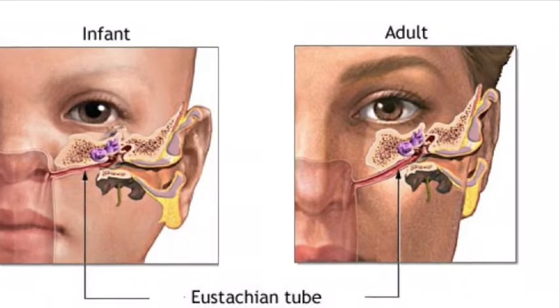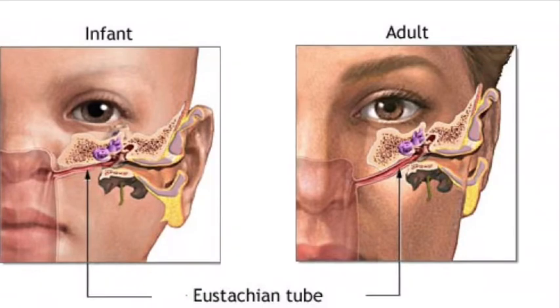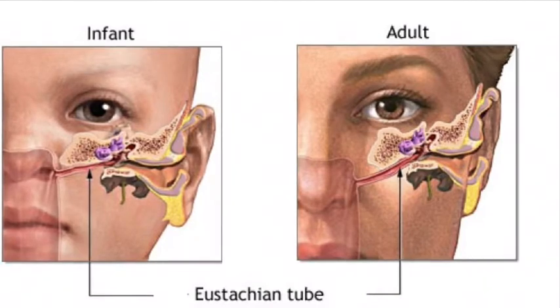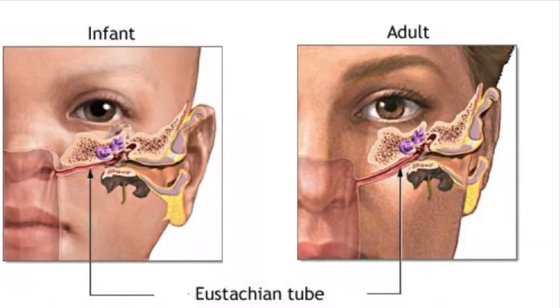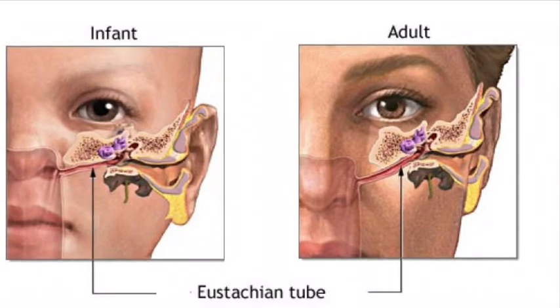So essentially the eustachian tube is used as a drain for this infection and pus that can build up. But if you think about a drain, drains work with gravity, so if our tubes are less vertical and more horizontal, it's harder for that liquid to move out. And also if they're more narrow, it's harder to push this infectious liquid through. So in children, the eustachian tube is very easily blocked.